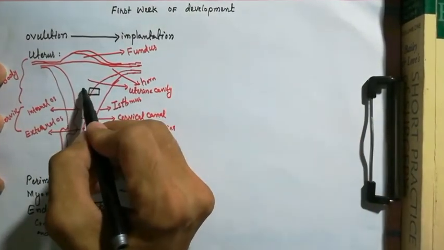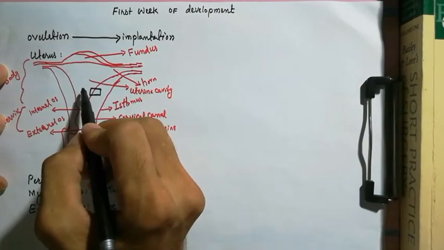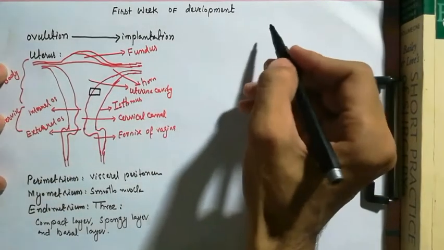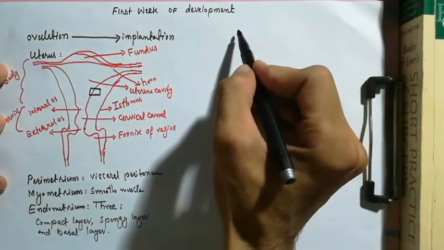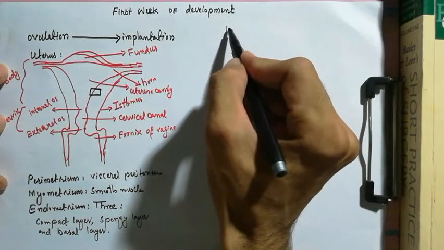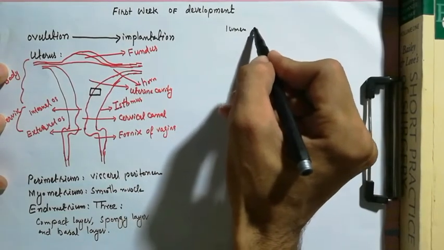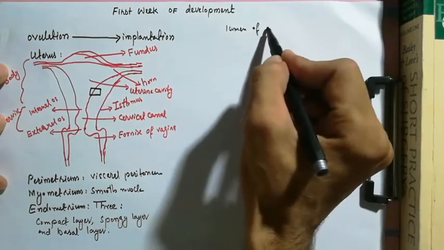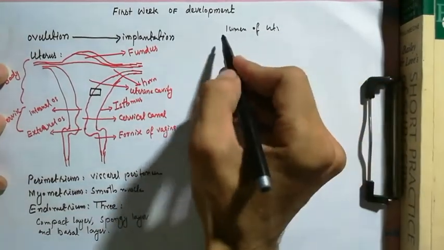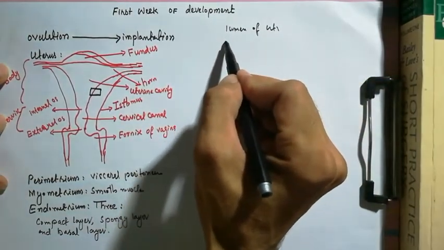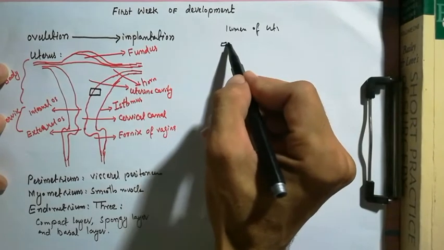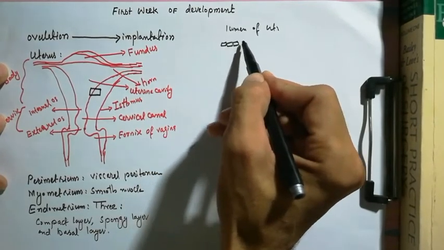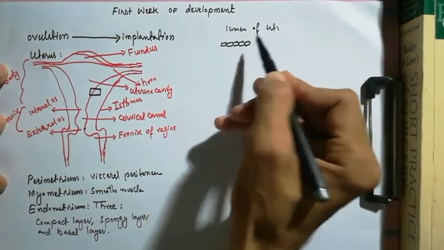This is lumen of uterus, and suppose this is epithelium of endometrium.